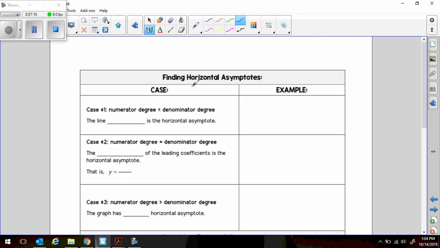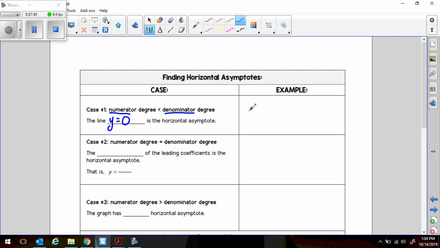So we have an actual theorem for horizontal asymptotes. It depends on your graph. If the degree of the numerator is less than the degree of the denominator, we don't care about the coefficients, just the exponent, then your horizontal asymptote is going to be the line y equals 0. So this is the x-axis. That will be your asymptote.